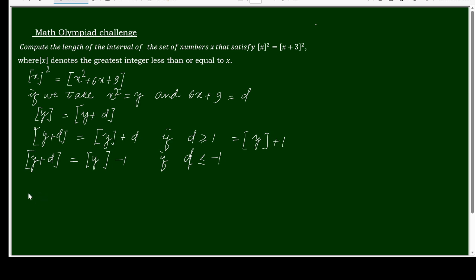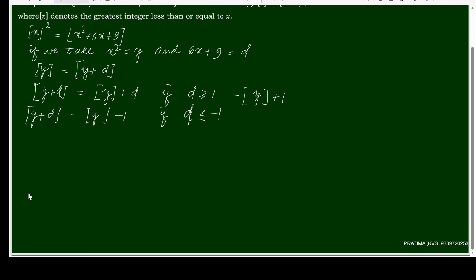So the value of d must be between -1 and +1. What is d? d is 6x + 9.